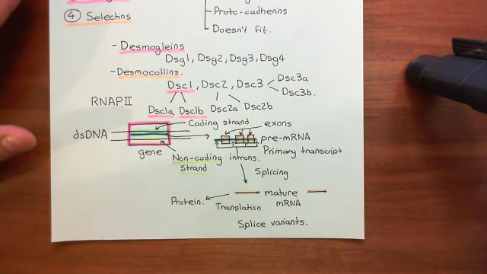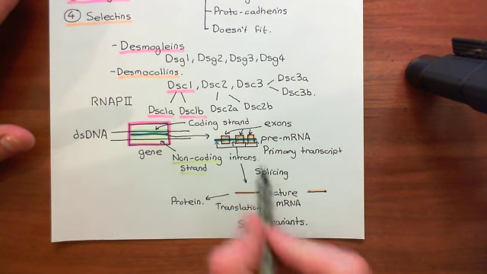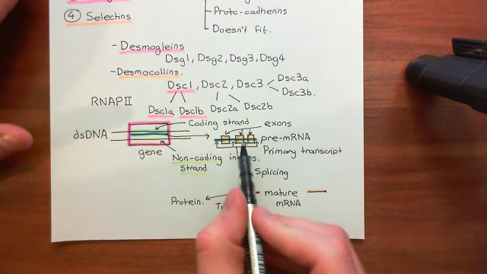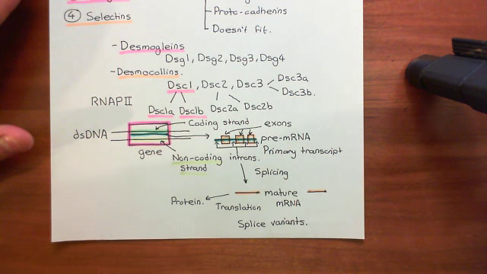Some pre-mRNAs can have a huge number of different ways that they can be spliced up, and therefore will be producing a huge number of different proteins when you have multiple of these pre-mRNAs that might all be going down different splicing routes. So that's the principle of how one gene can produce different types of proteins. That's the principle of splice variants.